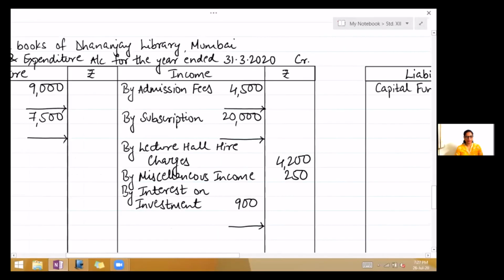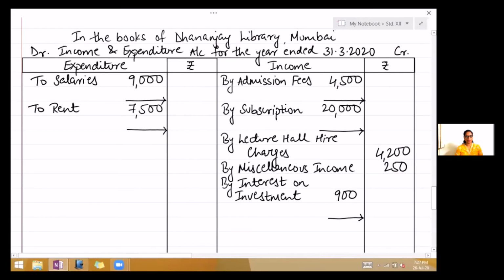Now this is an expenditure. So write on the expenditure side to stationery 1,350. Electricity charges expenditure, to electricity charges 850.